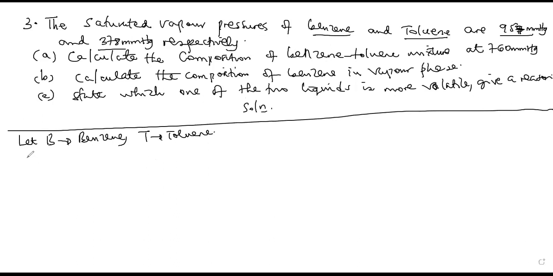Now, it means that P total is equal to partial pressure of benzene plus partial pressure of toluene. And this is the same as, to get partial pressure of benzene, that is mole fraction of benzene times vapor pressure of benzene in its pure state plus mole fraction of toluene times its vapor pressure.